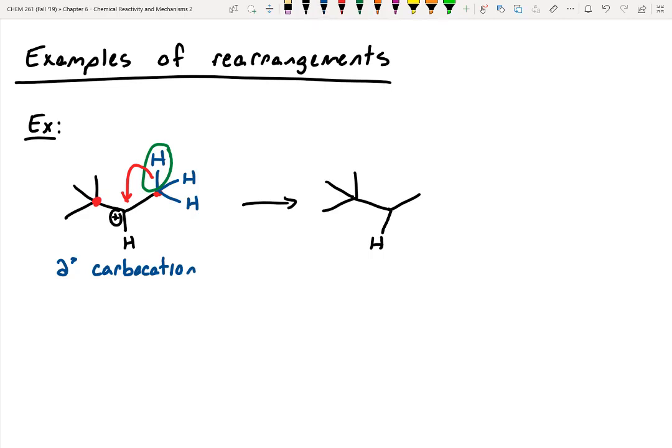Let me keep it all color-coded. Then we would have a positive charge here, and that blue proton would have shifted over. What sort of carbocation did we form? This would be a primary carbocation.